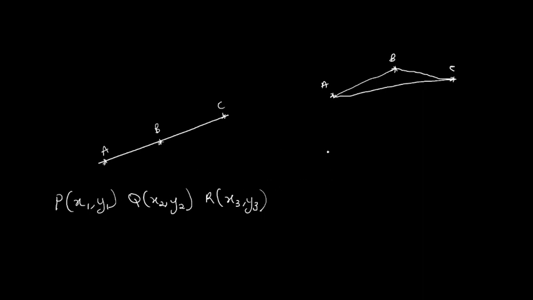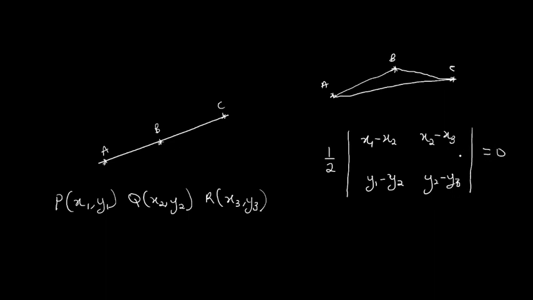We do that by using the formula half, then we have a matrix. We have x1 minus x2, then we leave room, x2 minus x3, then here y1 minus y2, then y2 minus y3, which should be equal to 0.